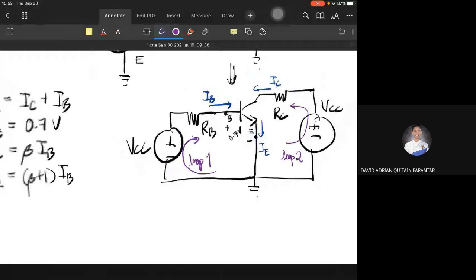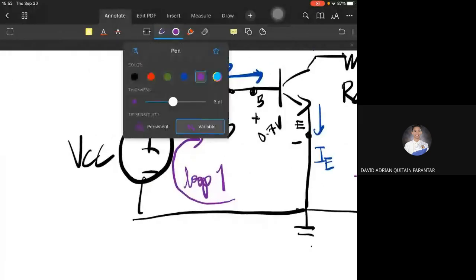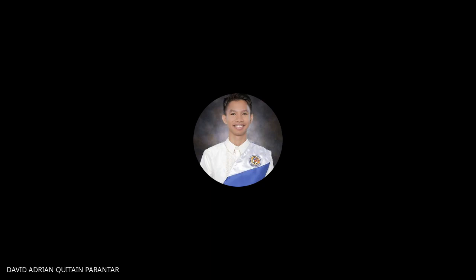From loop 1, wait, take note of the sub.